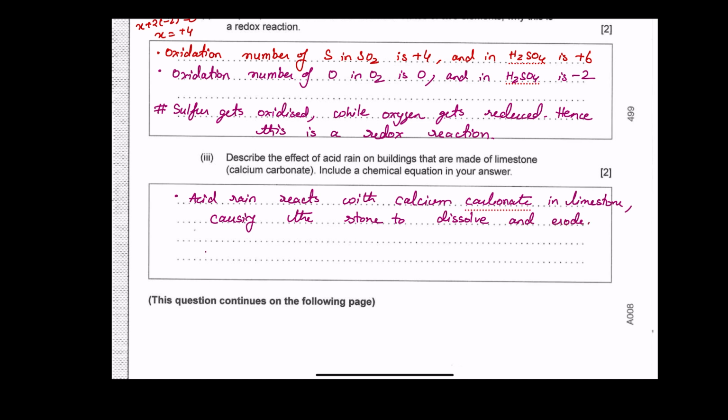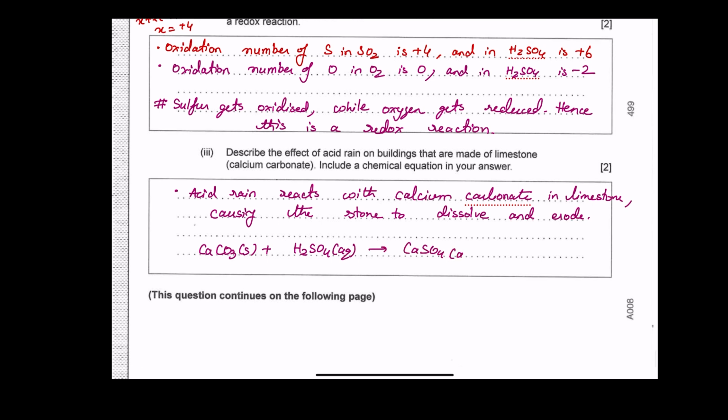The reaction will look like this: calcium carbonate solid plus H2SO4 gives you CaSO4 solid plus CO2 gas plus H2O liquid.